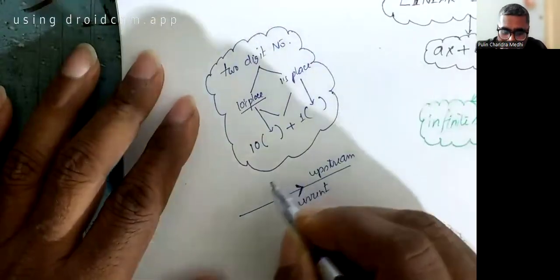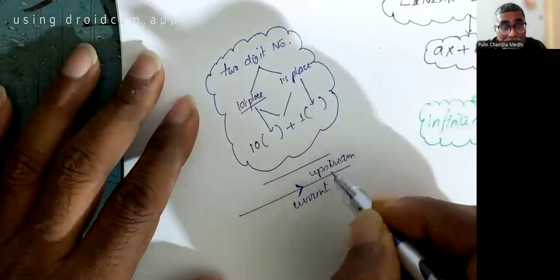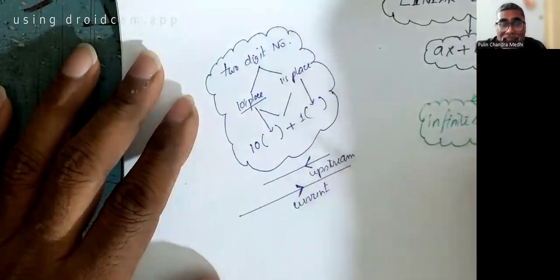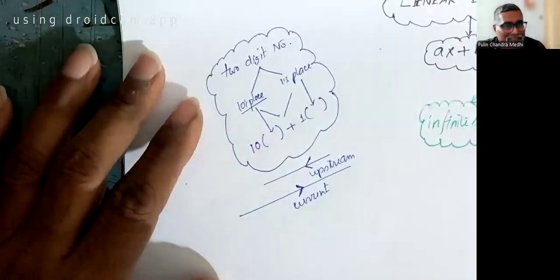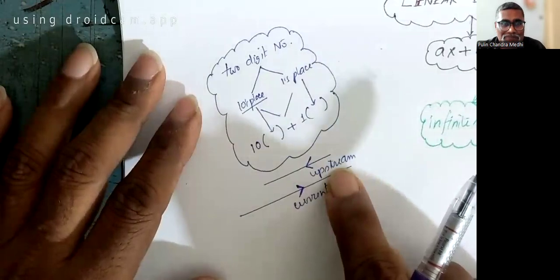And if you go this way, upstream I have already written, so I'll not cut it. I make it reverse. If you go against the current, the flow of the water, then you are going upstream.